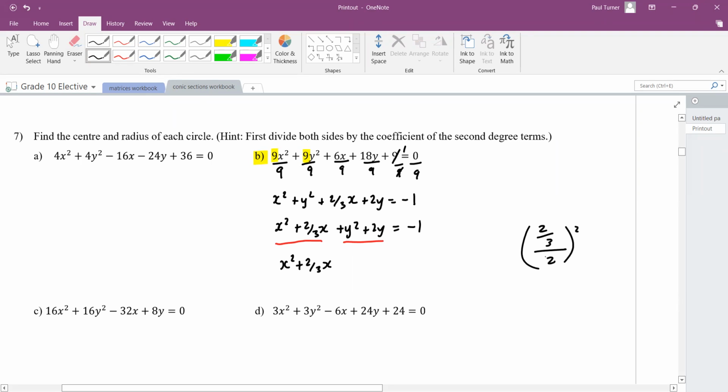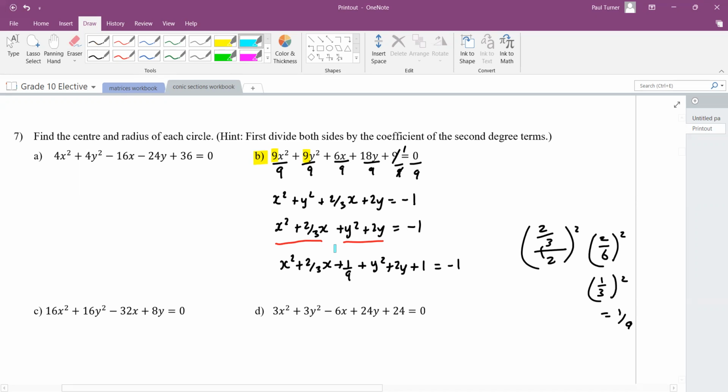Now the quick way to do this is multiply the 2 to the 3 to give you 2 on 6 squared. And 2 on 6 is 1 on 3 squared. So you'll get 1 on 9. So your number you want to add here is 1/9. Okay, so then we will do y squared plus 2y. So half of 2 is 1 and 1 squared is 1, equals negative 1.